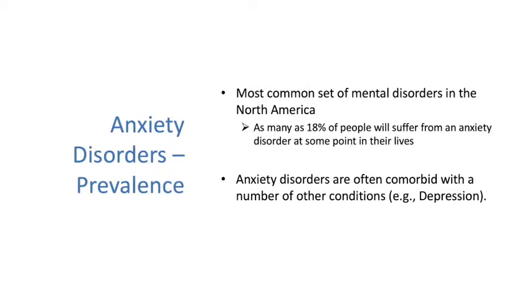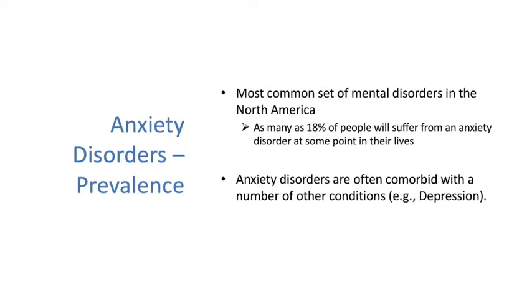Okay? Part of the issue, too, is that anxiety is often comorbid, or co-occurs, with a number of other diagnosable conditions. One of the very close diagnoses very often comorbid with anxiety disorders is, of course, major depressive disorder or depression.